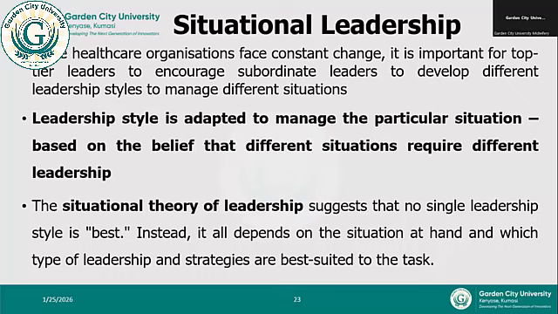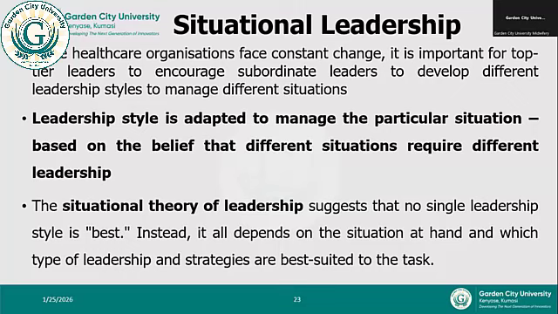Then we look at what we call the situational leadership theory and its style. The situational leadership theory suggests that there is no single leadership style that is best. You can't say transformational leadership style is best, autocratic leadership style is best, democratic leadership style is best, or servant leadership type is best.